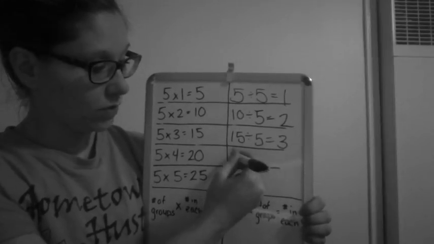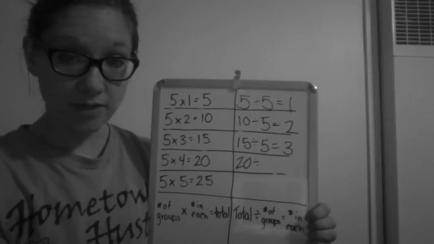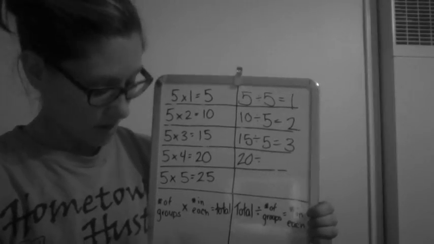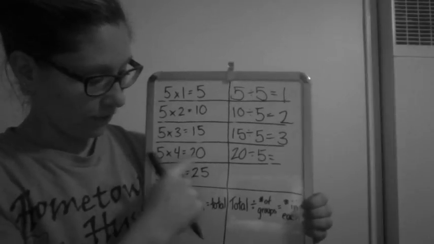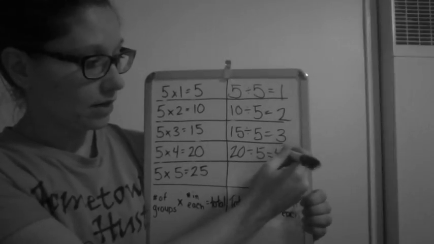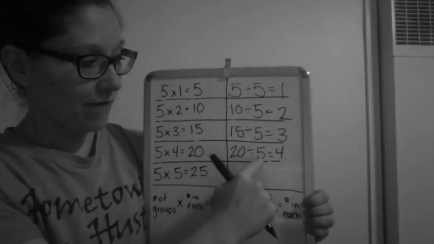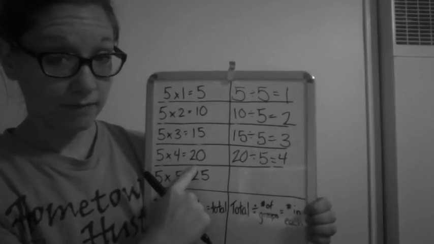So we start with 20. We divide that by how many groups? How many groups did we have? 5. And then that equals your other factor. What's your other factor? 4. Good. So 20 divided by 5 equals 4 because 5 times 4 equals 20.